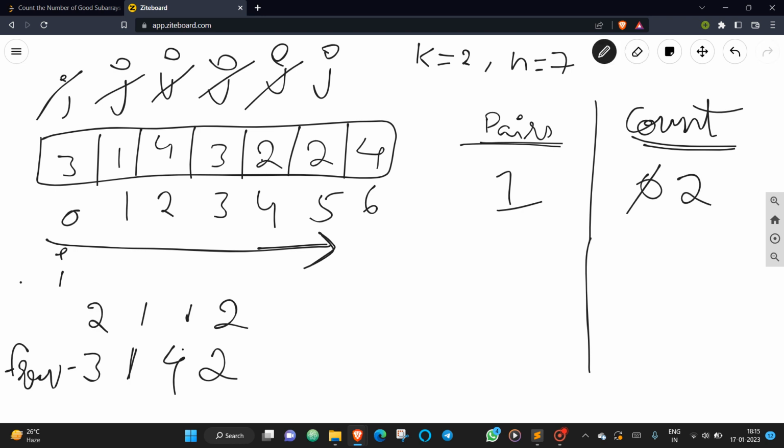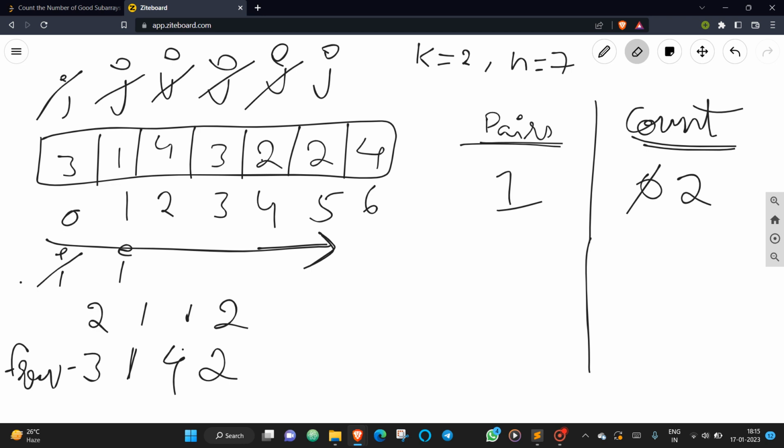After you got your good subarrays, now your iterator j will come into the picture. Now you just increment your i and decrement the frequency of the element which the i was standing on.